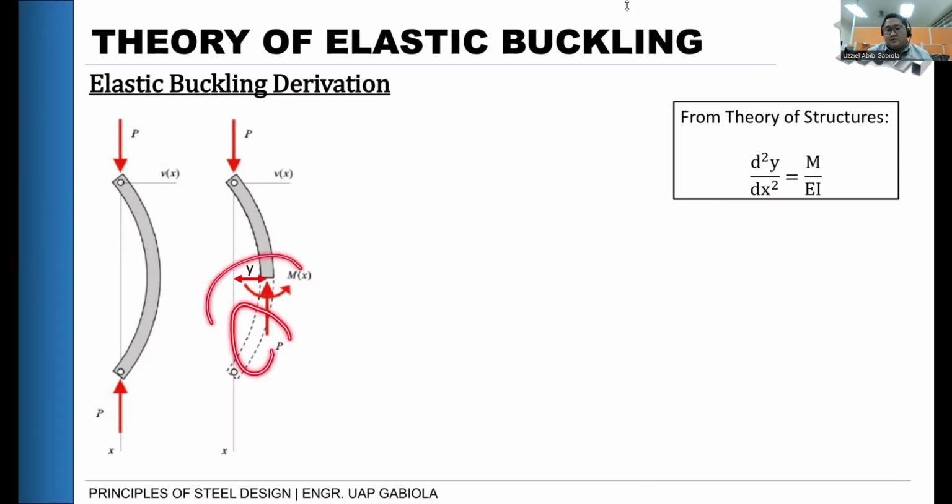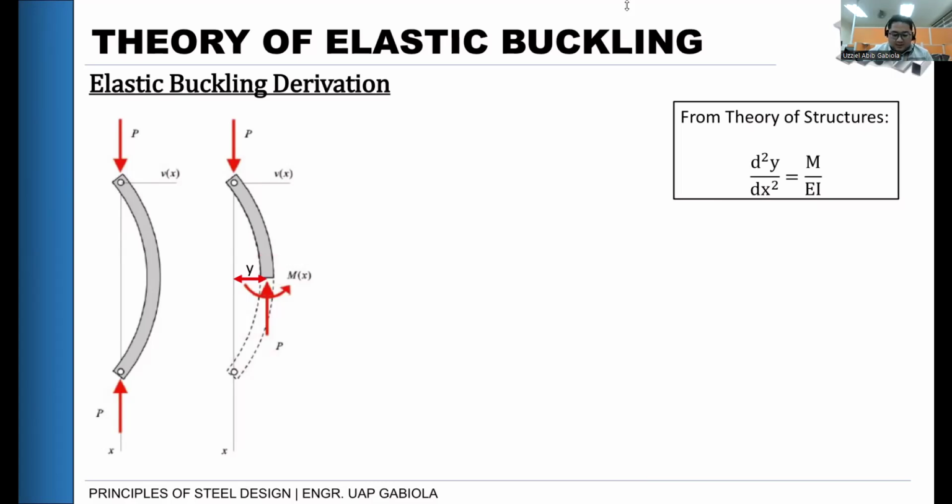Kasi when it comes to column, mas nag-critical o mas nag-govern usually yung combination ng interaction between the axial load and the moment. Ano? So si shear, i-check natin siya later on, pero it is not yet critical katulad ng moment, combination ng moment at saka axial load. Okay?